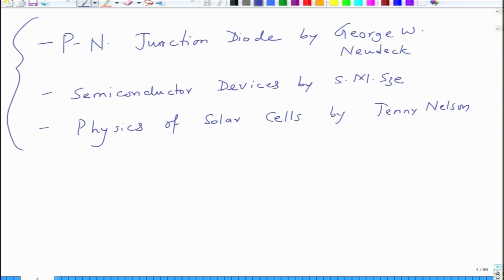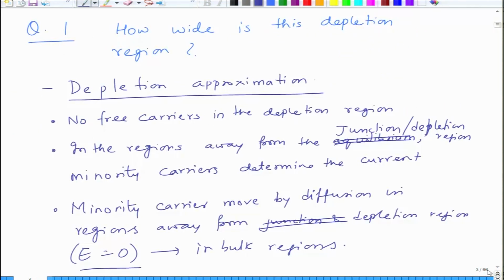So let me now go back to where we were. The first approximation is the depletion approximation, which says, as we saw in the previous slide, that there are no free carriers in the depletion region. In the regions away from the depletion region, minority carriers determine the current, and minority carriers move by diffusion where electric field is equal to 0.